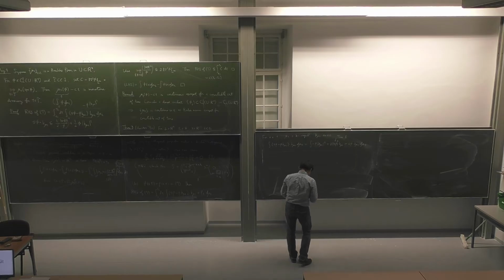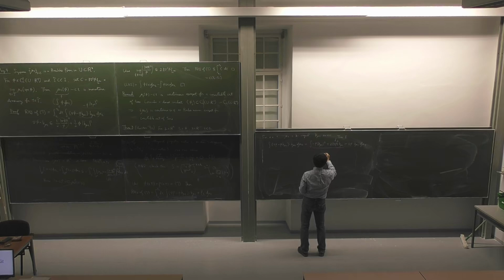Now we do the following. You can actually complete the square by subtracting and adding nabla rho squared over rho.